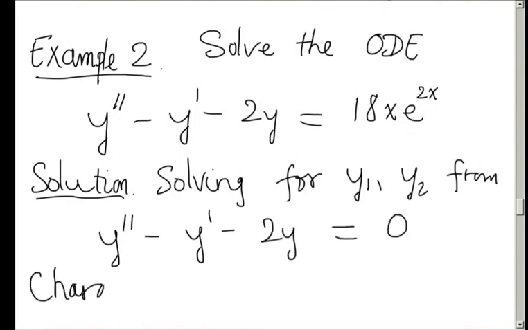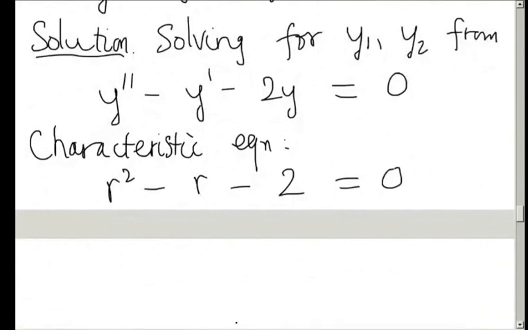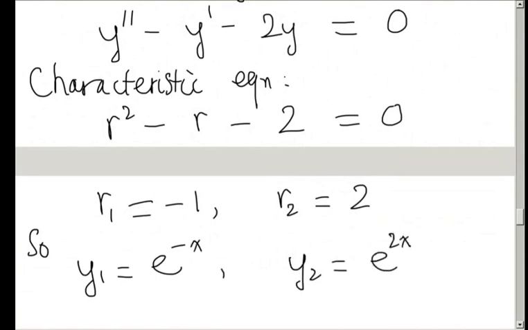And so we have the characteristic equation r squared minus r minus 2 equals 0. Solving this by factoring or by the quadratic formula, we will have r1 is -1 and r2 is 2. We have two distinct real roots. So y1 is e to the negative x and y2 is e to the 2x.